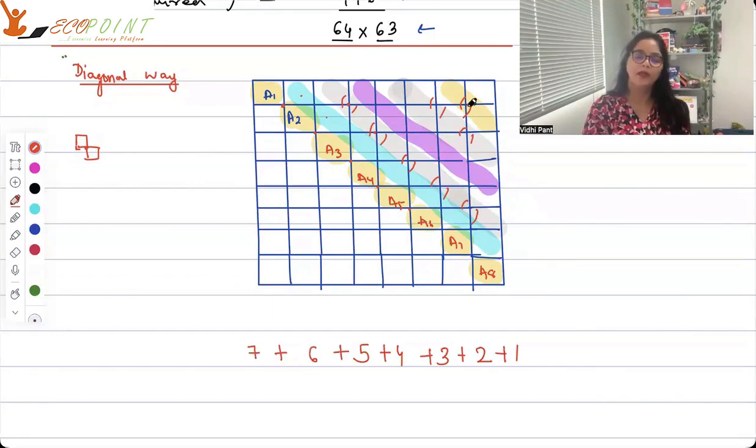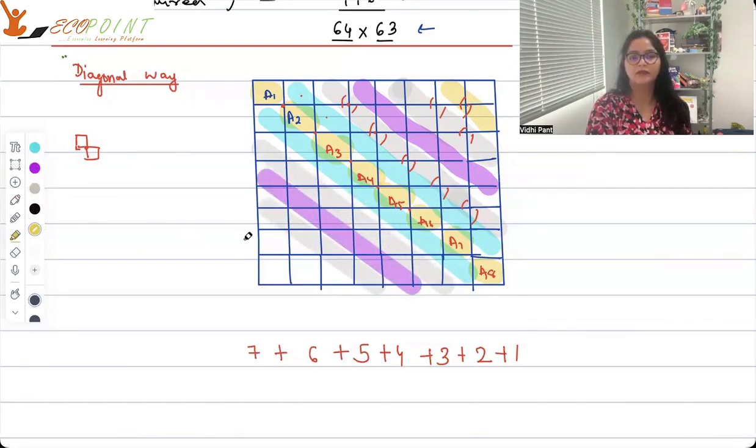All right, this was just on one side. Can you see that there's a replica on this side? 6, 5, 4, 3, 2, 1, right?